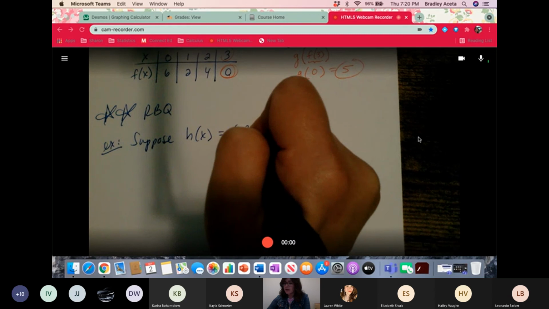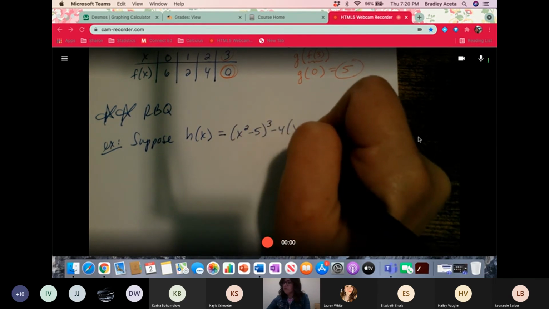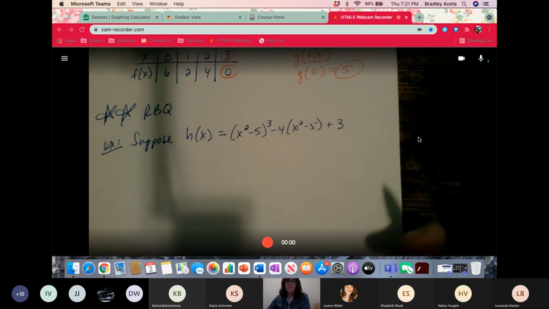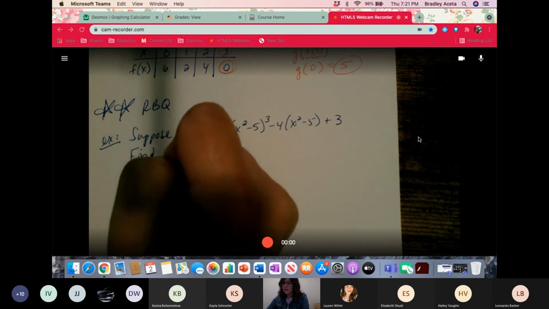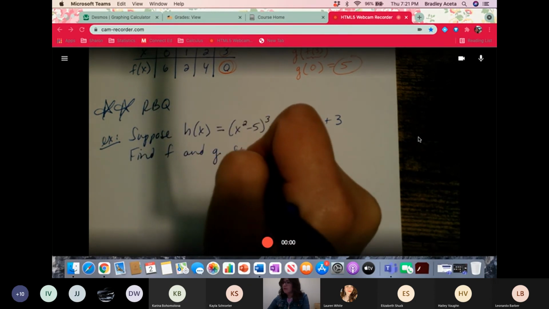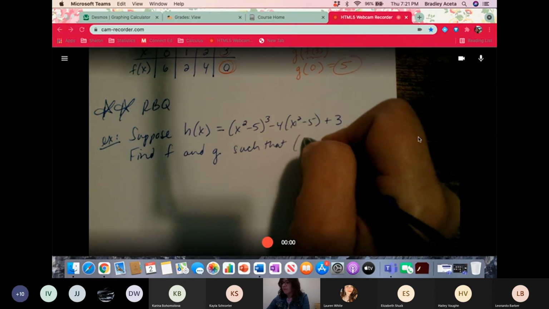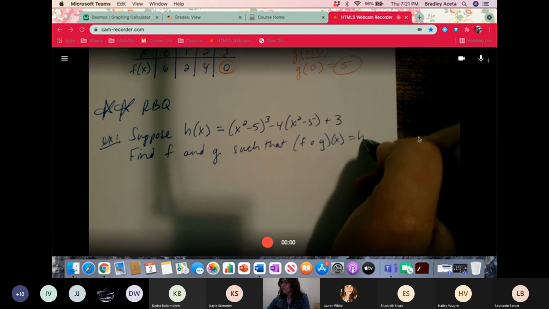You have this function x squared minus 5 cubed minus 4 times x squared minus 5 plus 3. You have to find an f and a g such that f of g of x is equal to h of x.